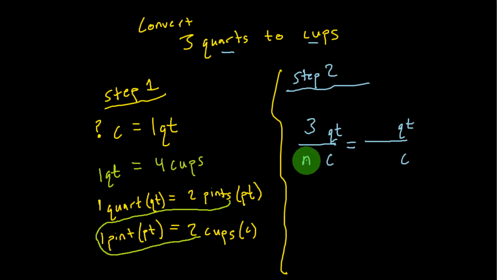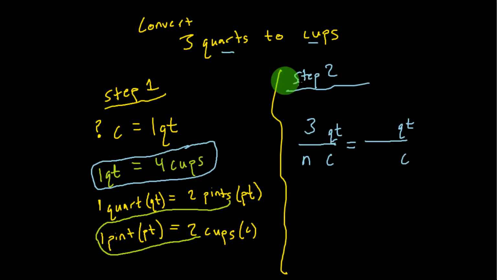So 3 is to n as, and now I get to go over to my formula chart that I created over here. We're dealing with 1 quart and 4 cups. Where does that 4 go in this ratio? Since 4 corresponds to the cups, I put the 4 down in the denominator, which means 1 will go on top.